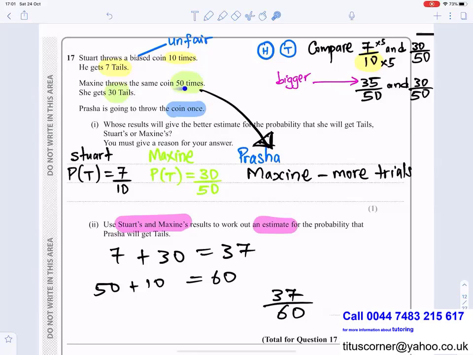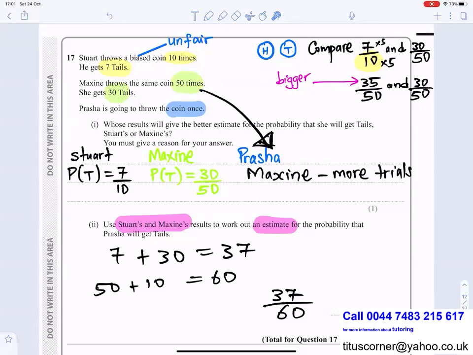Because Maxine threw it more times, that means the result is more likely or has more chances. So Pasha should use Maxine's results because there are more trials.